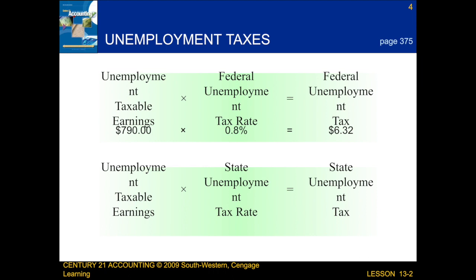Then, in order to calculate state unemployment tax, we take the unemployment taxable earnings amount and multiply it times the state unemployment tax rate, which is 5.4%, and that will give us the state unemployment tax amount.